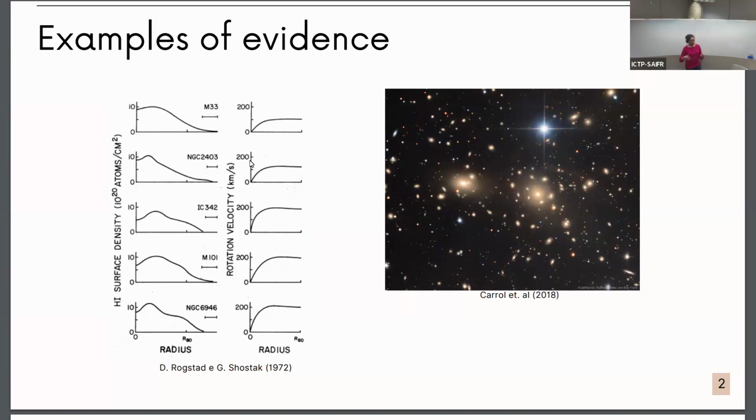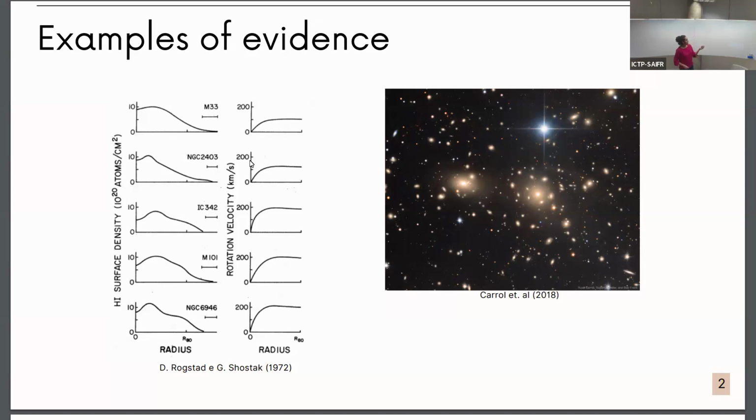And the point is that when we look at the outer part of the galaxies, we see that the stars are moving much faster than we would expect based on how many stars and how much gas there is in the galaxy. So the gravitational potential there is much stronger than we would expect. So this is evidence that there is another type of matter sourcing a gravitational potential there.